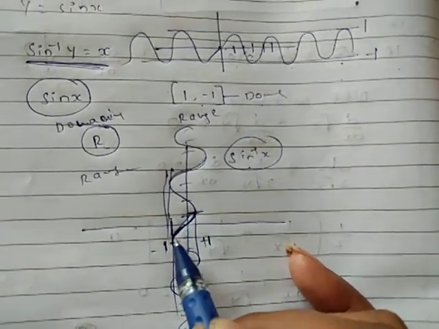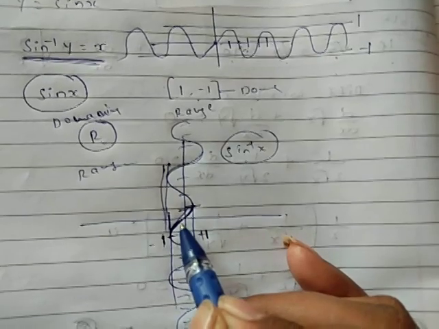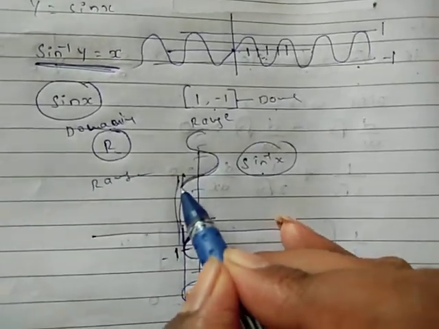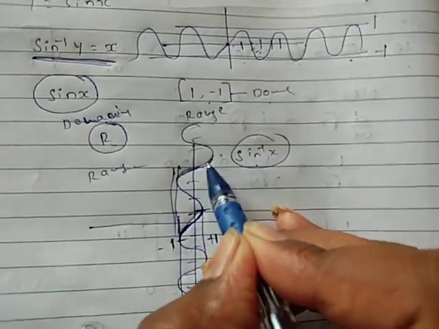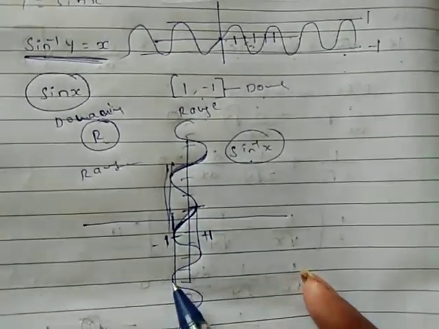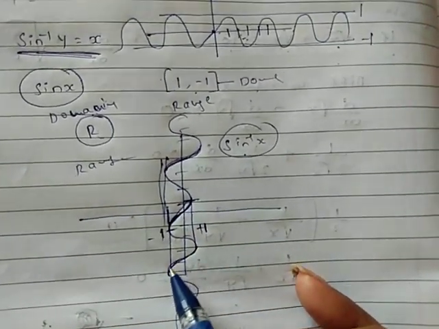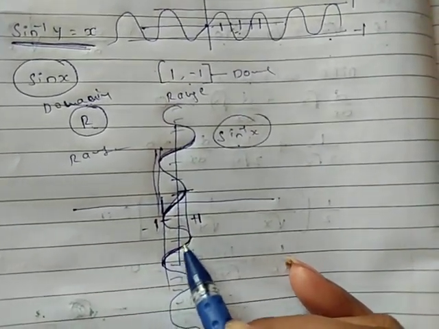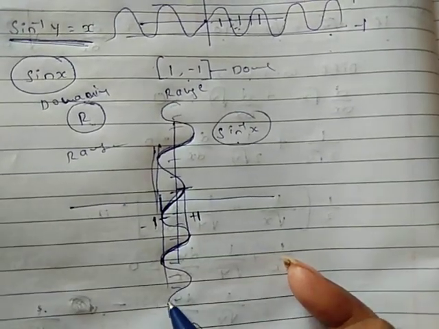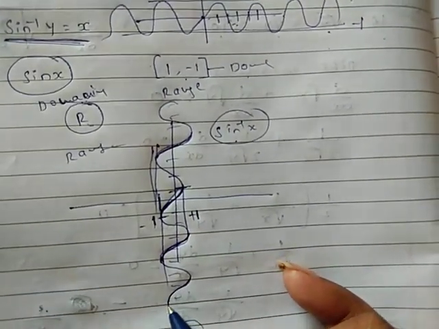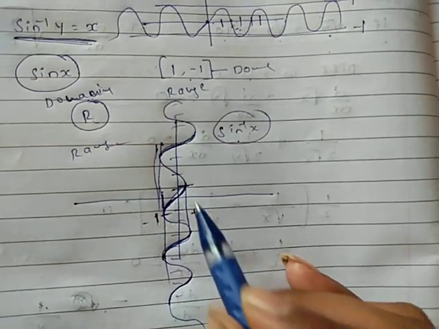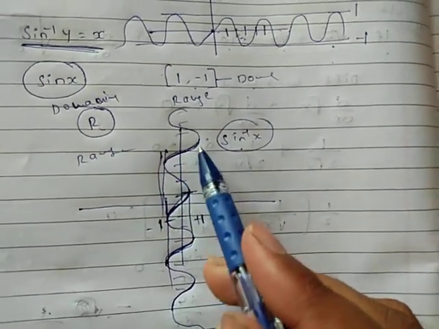Observe here, the x is going to be the same but the y is going to change, meaning for the same value of x we get different values of y.